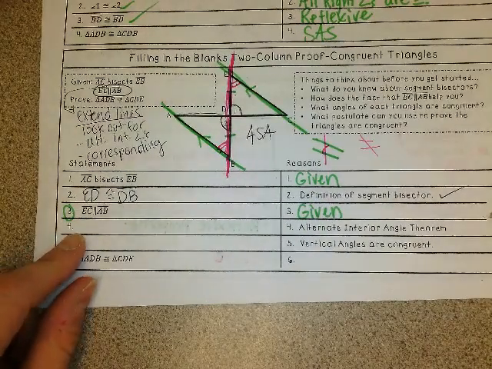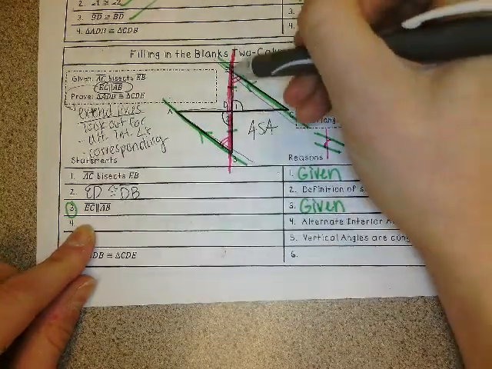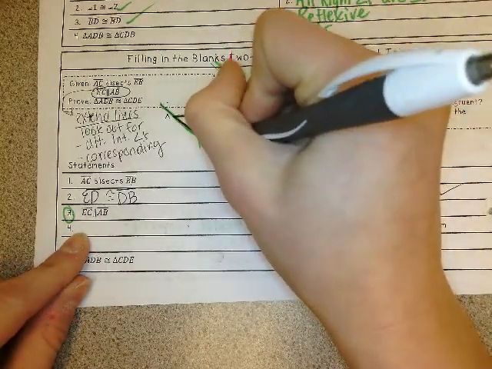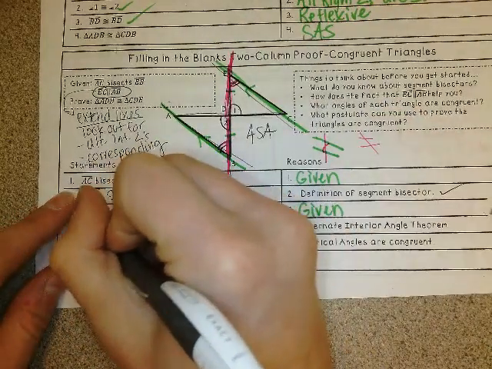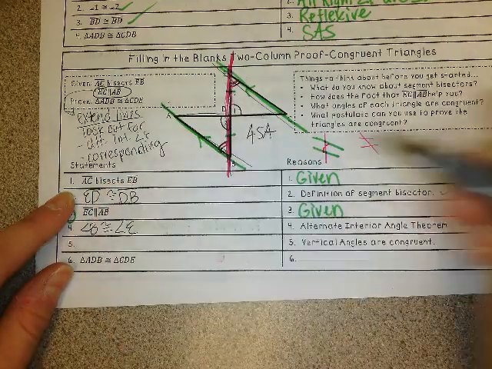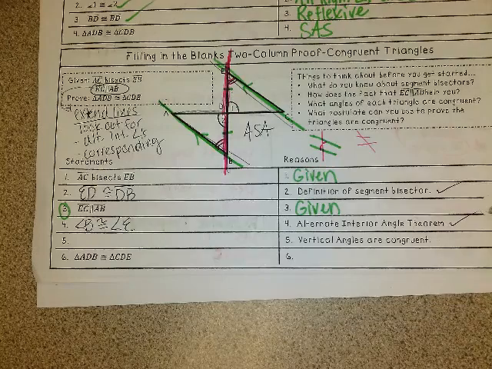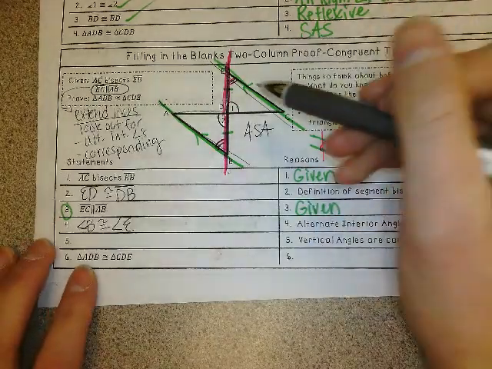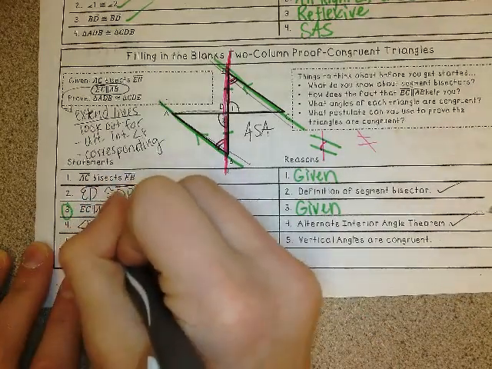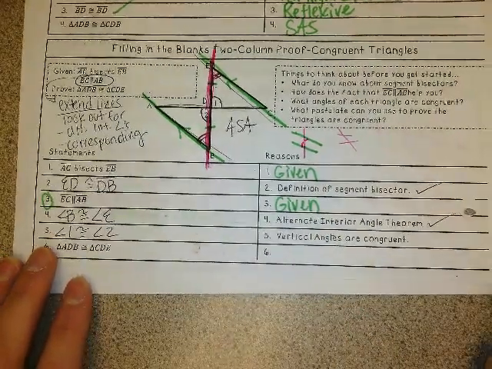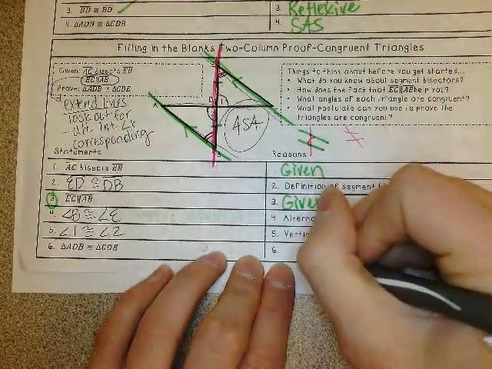From these parallel lines, we drew a transversal and found that angle B is congruent to angle E. How did we know that? Alternate interior angles. And how did we know that 1 and 2 were congruent? By vertical angles. So angle 1 is congruent to angle 2, and we proved that these two triangles are congruent by ASA.